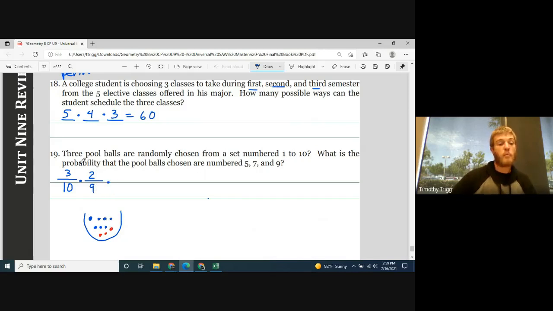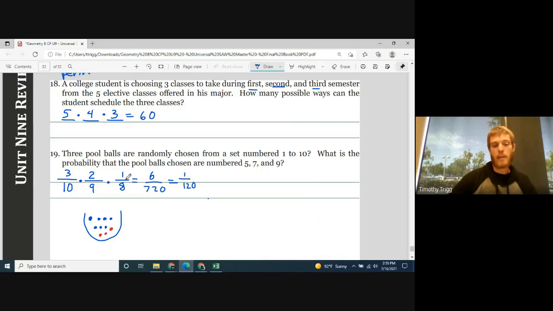Then once I've pulled out 2 red ones, there's only 1 red one left out of 8 balls in total. 3 times 2 times 1 is 6. 10 times 9 times 8 is 720. We can reduce that by dividing both top and bottom by 6, and I get 1 out of 120.